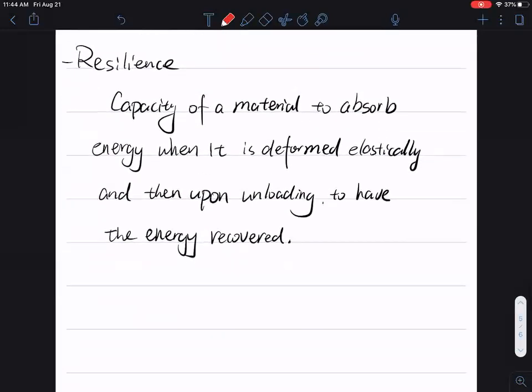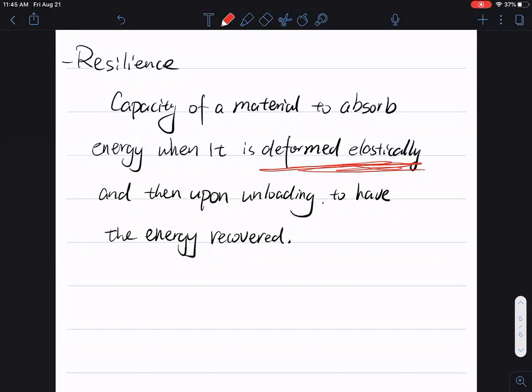Yeah, the definition is a little bit long. Here the keyword is elastic deformation. And then if you unload that stress, all the energy is recovered.